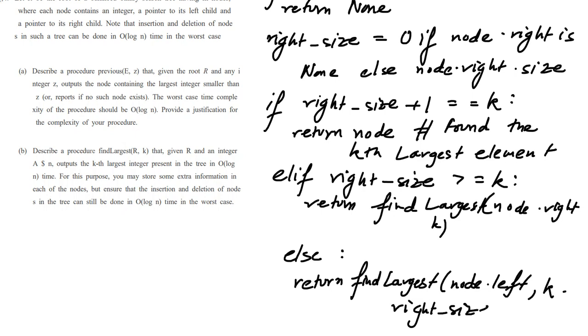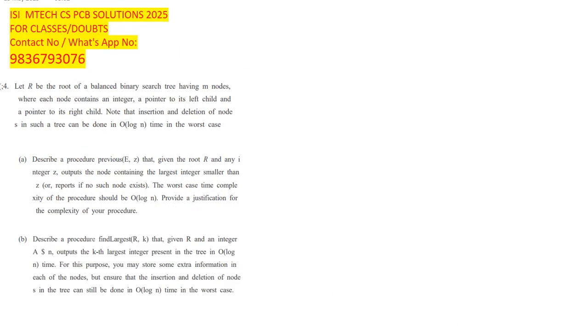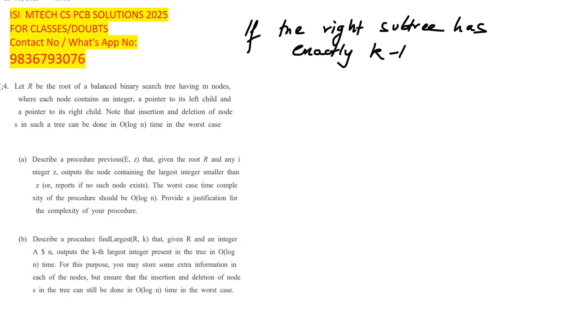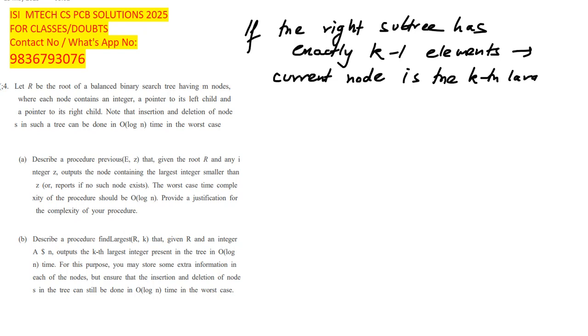So here at each node, what do you see? So at each node, if the right subtree has exactly k minus 1 elements, that means the current node is the kth largest.